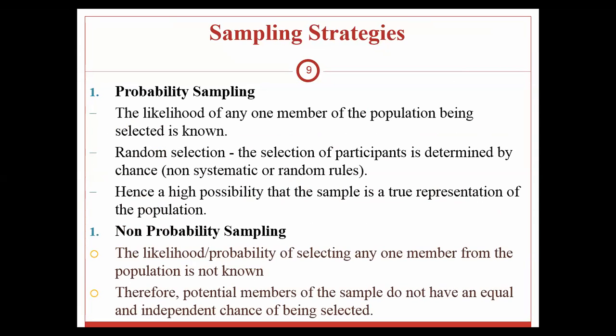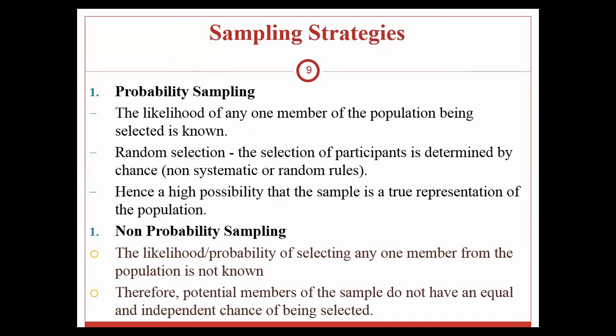First, we have probability sampling. Probability sampling is where the likelihood of any one member of the population being selected is known. In this case, you can have random selection, that is, the selection of the participants is determined by chance.